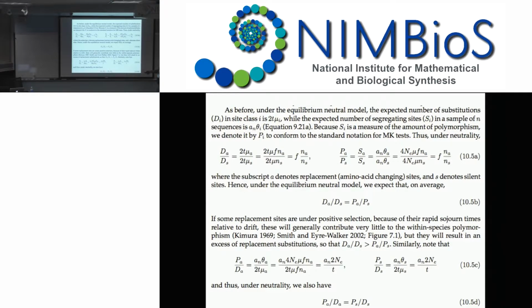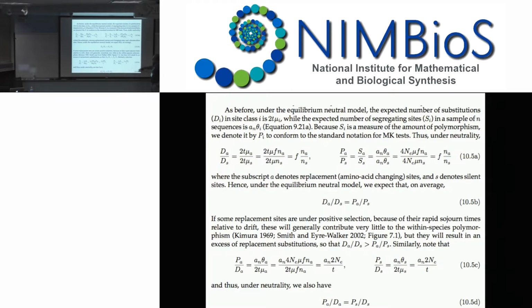You can modify this to get several different things. So we have this expectation of ratios being equal under the neutral model, because even though the mutation rates differ, if I look at the right expressions, things cancel. Over here, both these ratios have f in them, so the common f cancels. Over here, I've made the ratio of polymorphism and divergence, so f cancels within here.